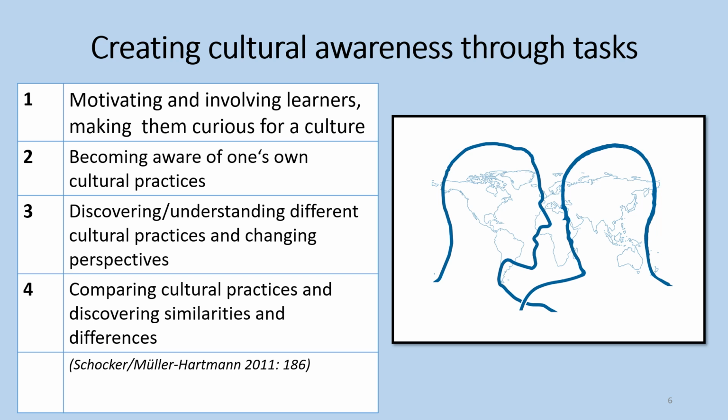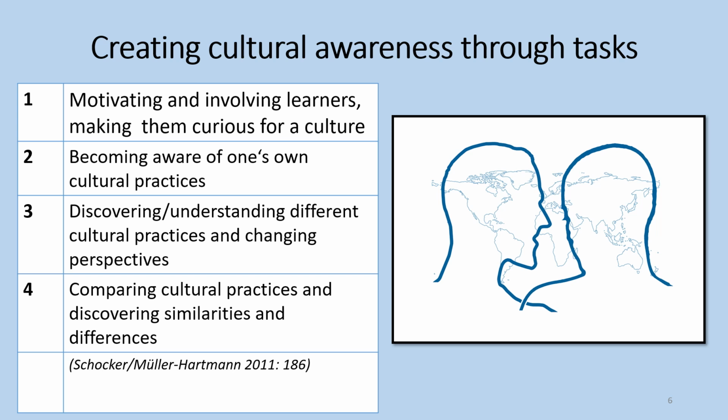Schocker and Müller-Hartmann suggested a model for developing tasks in ICC that involve 4 different steps. The first step would be to motivate and involve learners and make them curious for another culture, perhaps also by activating their pre-knowledge. In a second step, they need to become aware of their own cultural practices, which might be part of their subconscious knowledge to a large extent, of course.